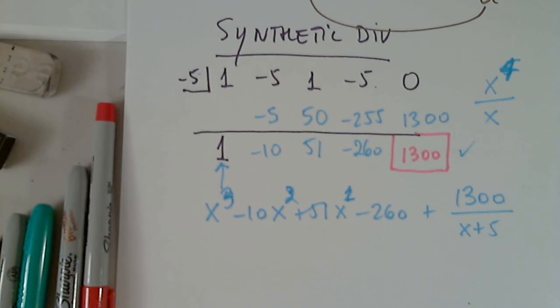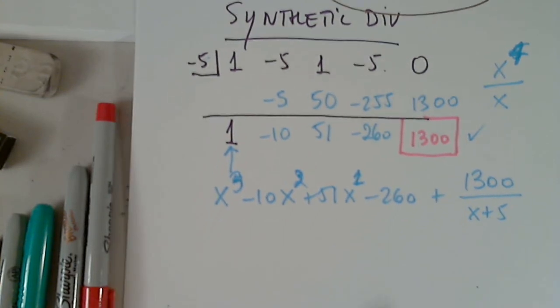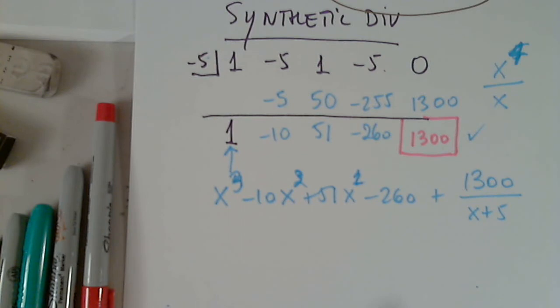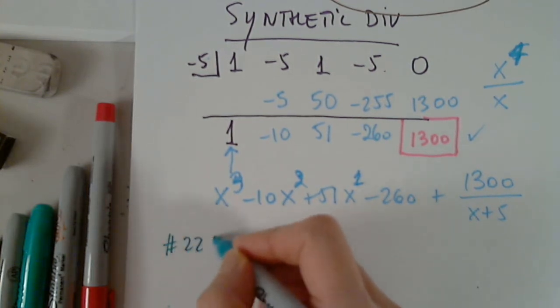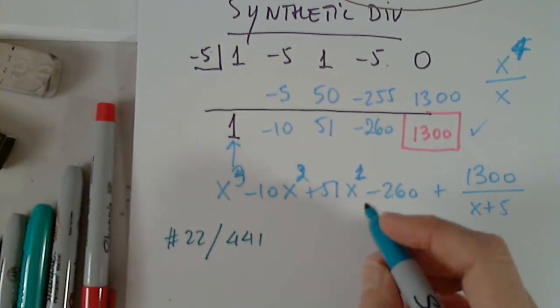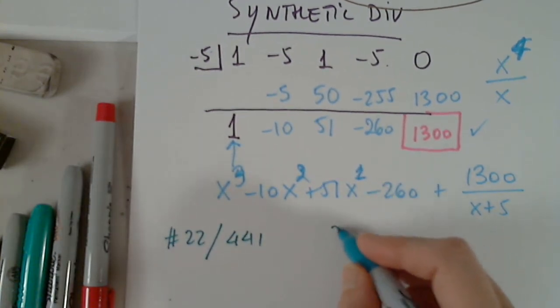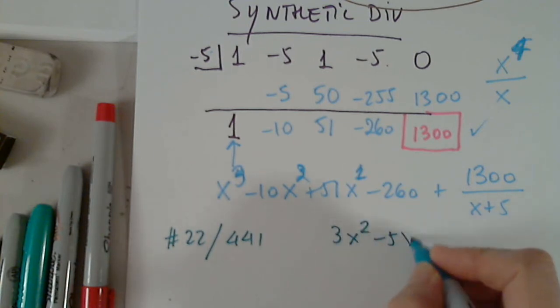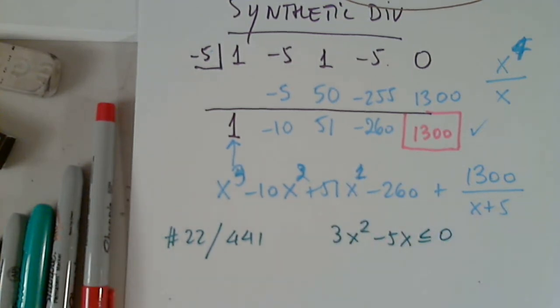Okay. I will pick a few, you will pick a few. I would like to pick 22. 22 on page 441. And we get 3x squared minus 5x less than or equal to 0.